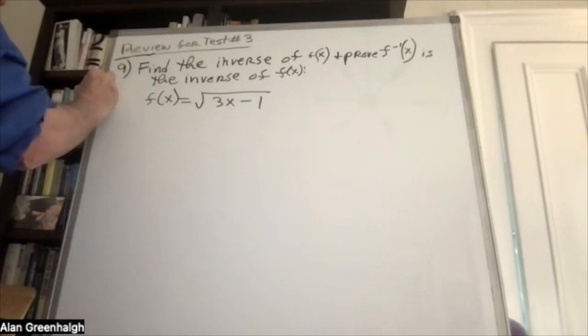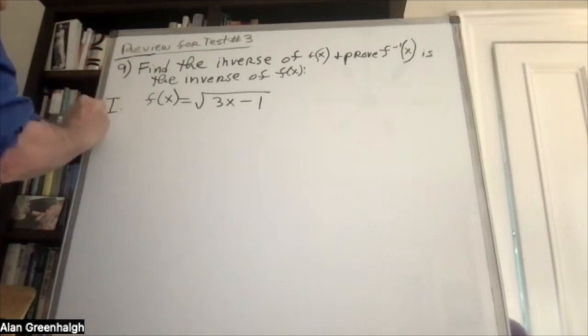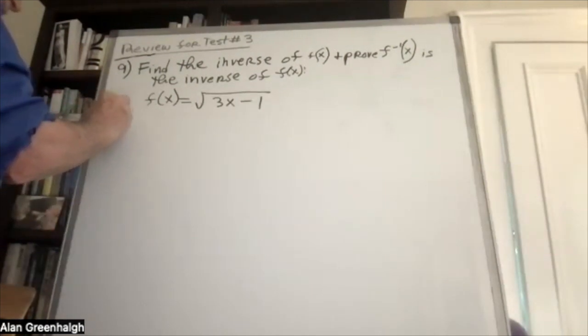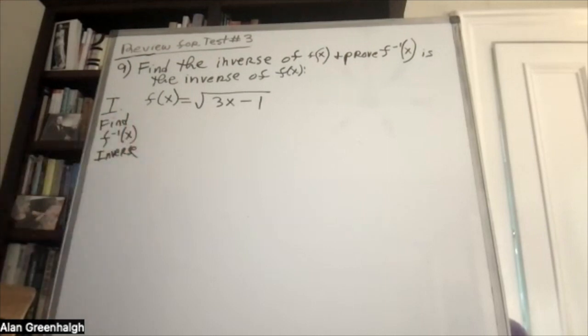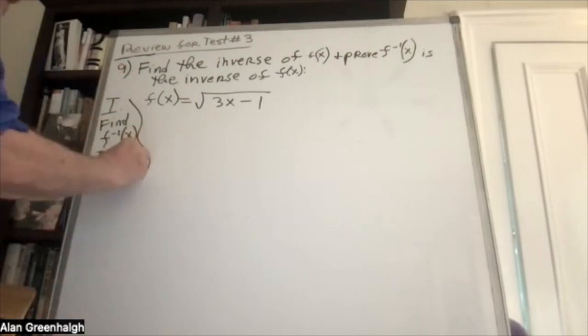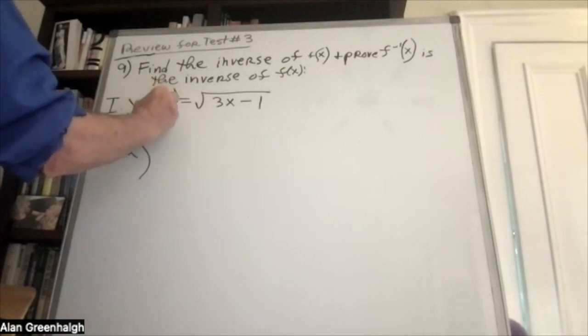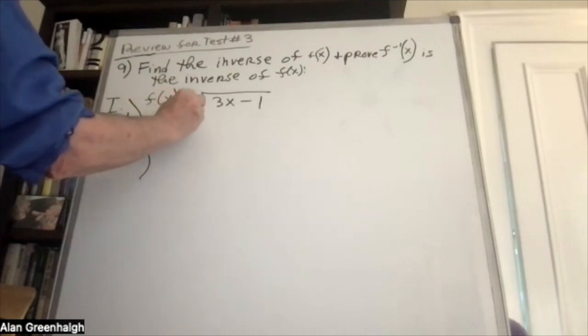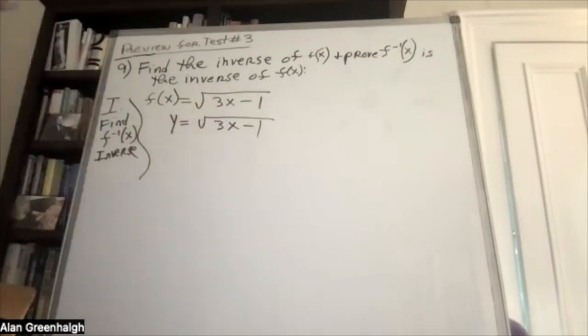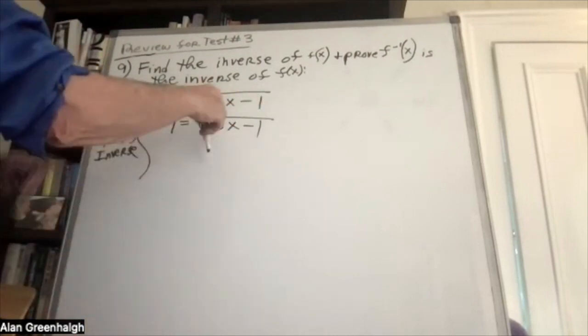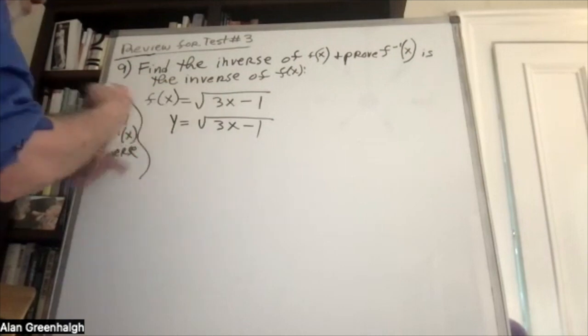Part 1 is to find the inverse. Find f negative 1 of x, which is the inverse. So the way we do that is to let y equal f of x. The second step is to interchange the x and the y.